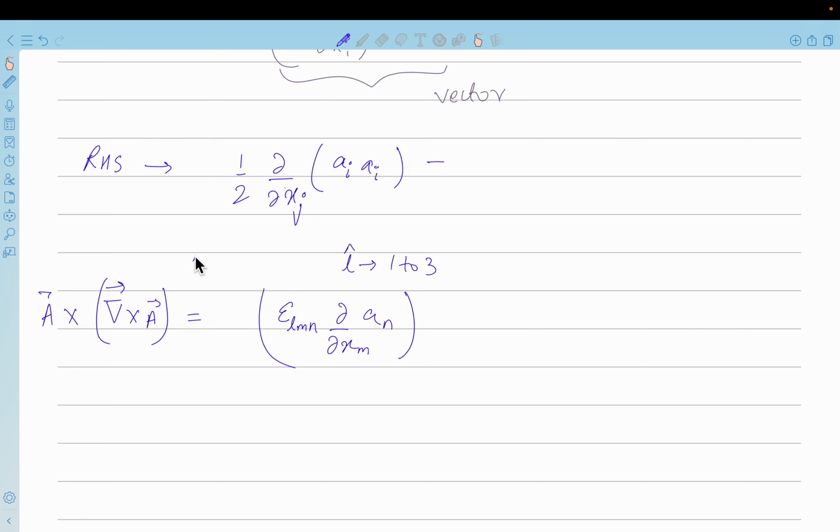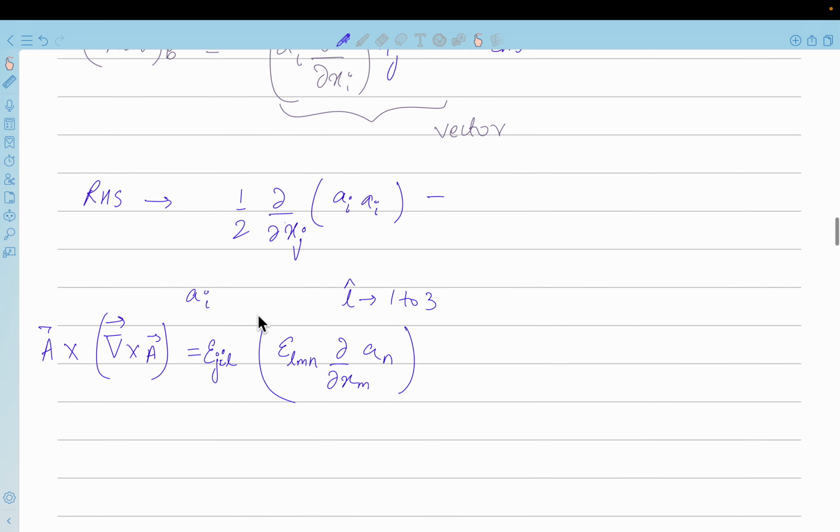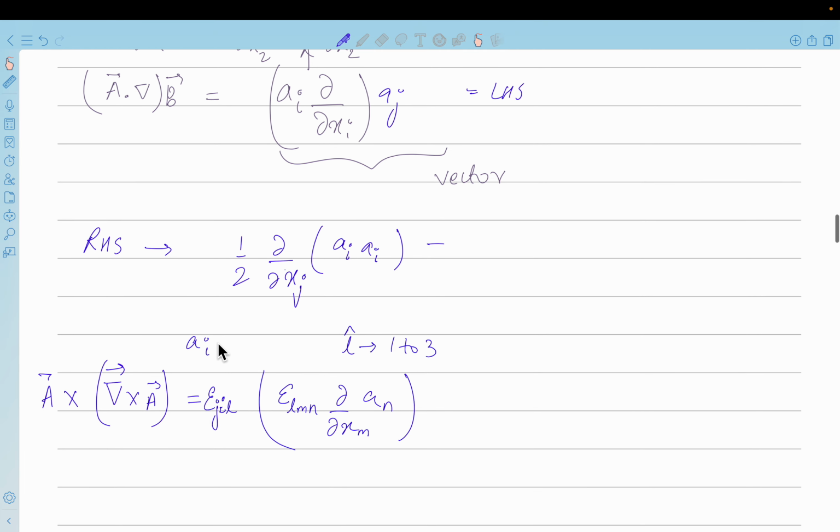Now this A is written as AI, I going from 1 to 3, and you will have an epsilon. So epsilon j, here we had L, so epsilon jIL, this vector, and the AI vector.